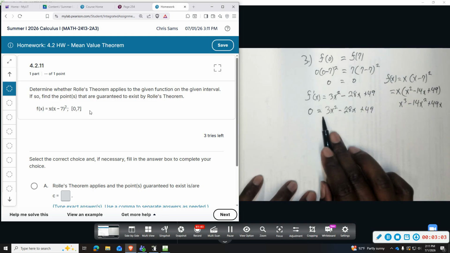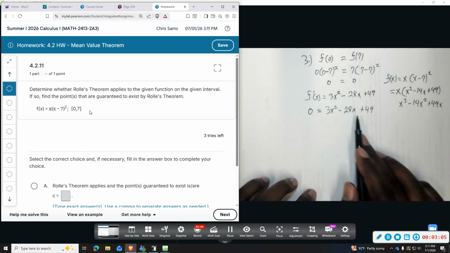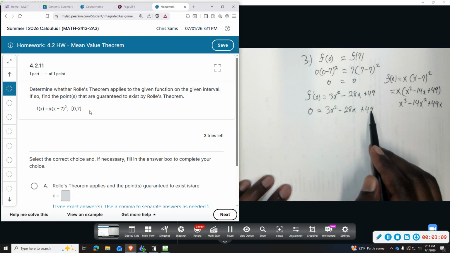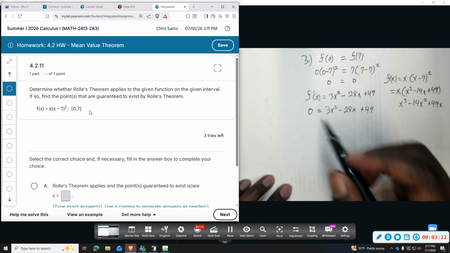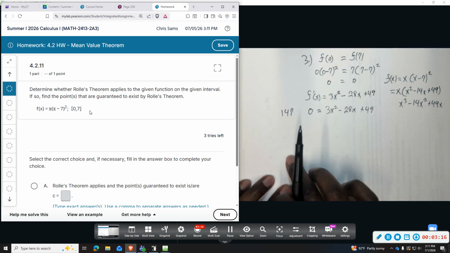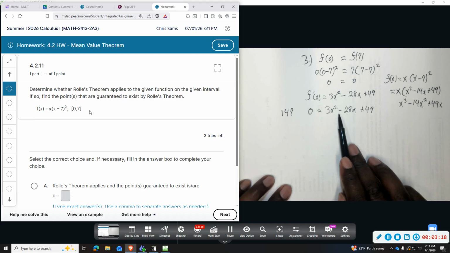I cannot factor out the 3. Not all of these are divisible by 3, so we're going to just factor it normal. 3 times 49 will give us 147. And we're going to take the factors of 147 to find numbers that subtract and give us 28.